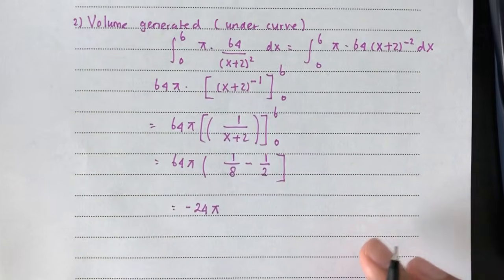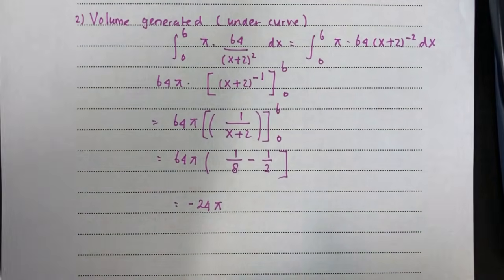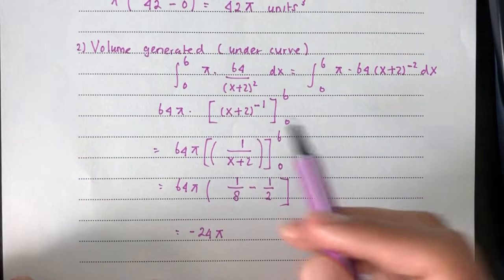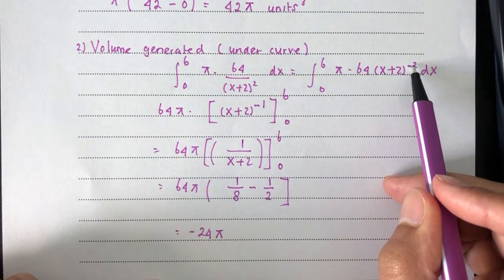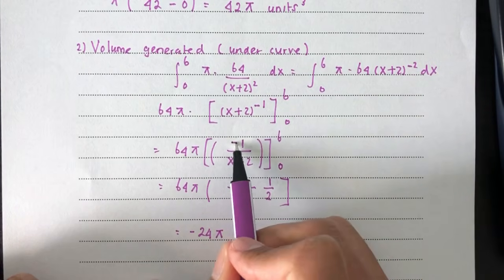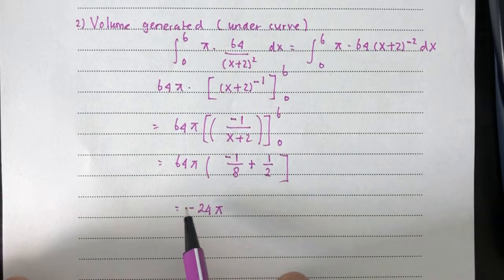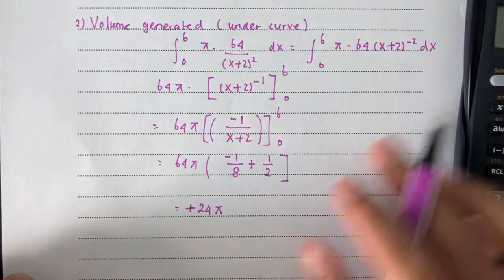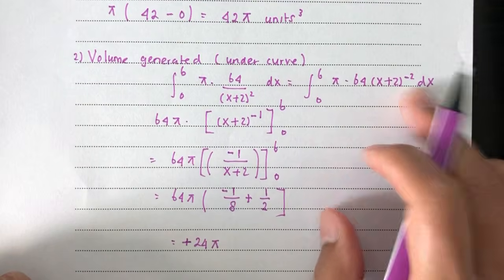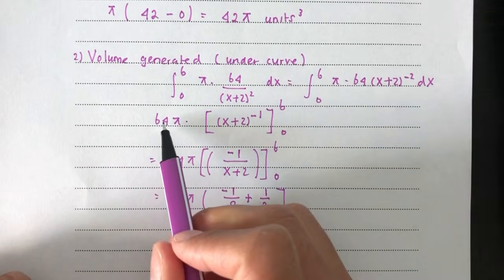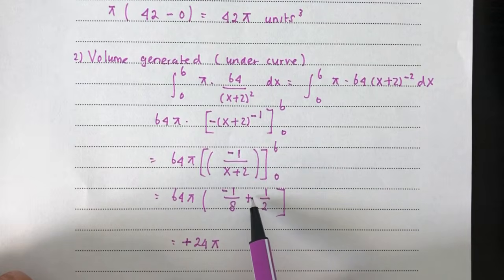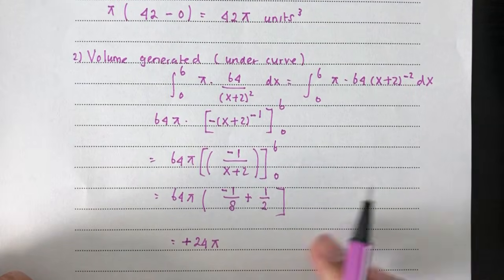Because of the limit, I think it should be plus. Let's see, yes, it should be plus, because that was minus 2 here. If I divide by minus 1, that should be minus here. So mistake, that will be plus 24. If you do the integration of this, you get 64 pi outside, and this becomes minus. Minus, minus, minus becomes plus, so that should be the value.